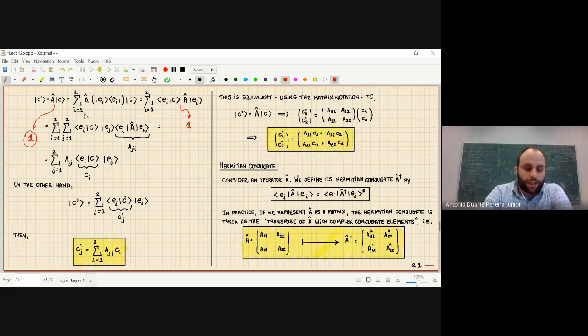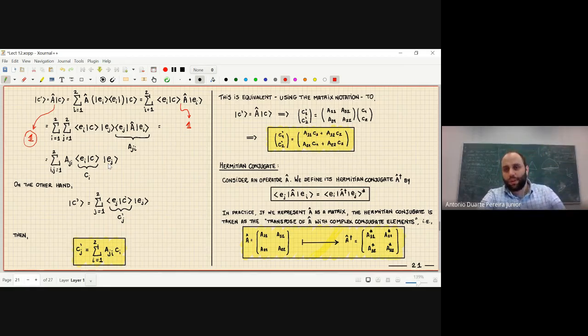Well, I just expressed the new vector C prime in the basis that I know, right? So when you learn about vector spaces in linear algebra, you always want to express vectors in a given basis.